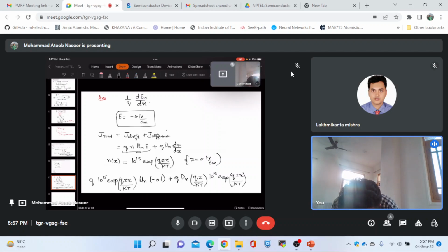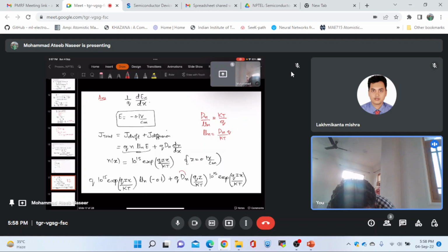Let us use some smart manipulation and say this kT by q, since this will be equal to this kT by q, D_n by mu n is equal to kT by q. So this mu n will simply be equal to D_n divided by kT by q.